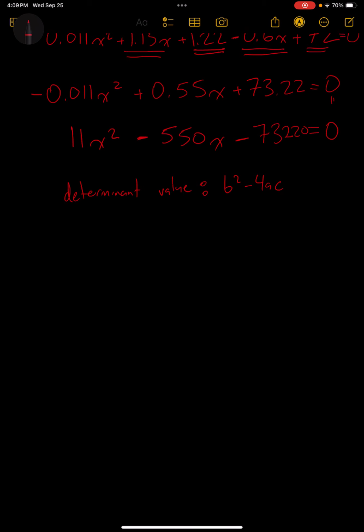B squared is negative 550 squared minus 4 times a, 11, times 73,220. Well, it's not looking good. Oh, that's a negative. I was hoping that would be positive. Oh well. So what do we end up getting?